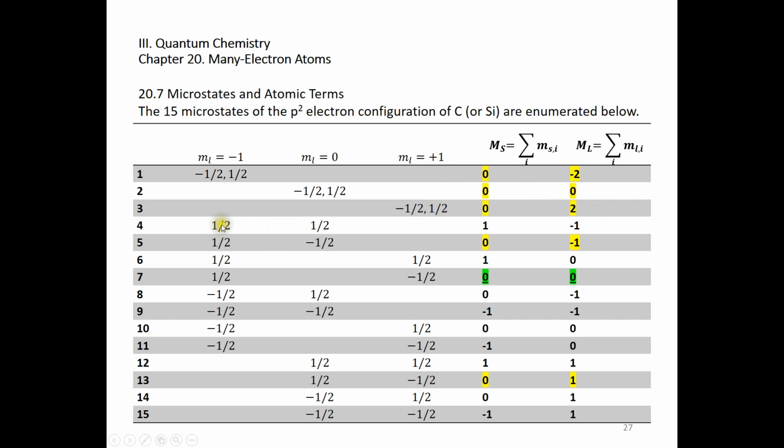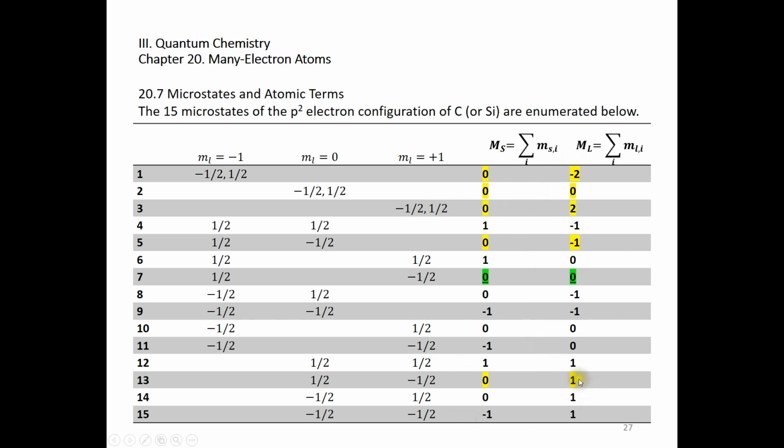Now over here, 2 electrons, one with -1, the other 0. The sum is -1. Same here, -1. Over here, you have -1 in the first column, +1 in the third column, so the sum is 0. So we just keep doing this. We get all those sums.